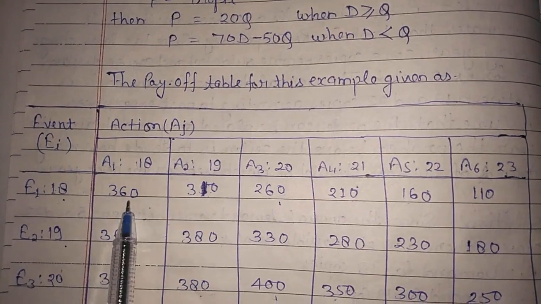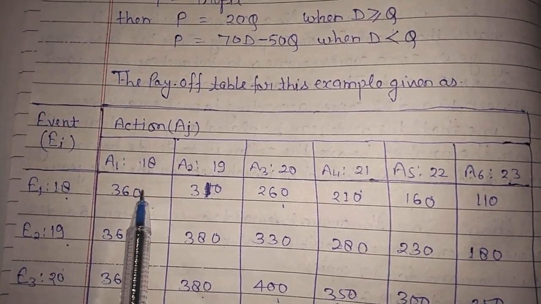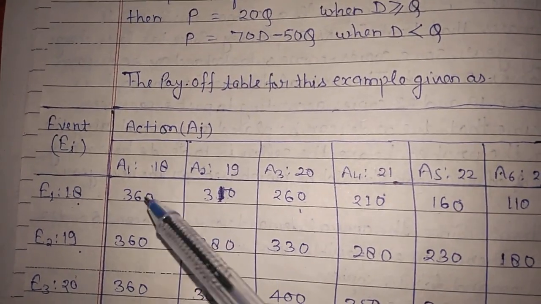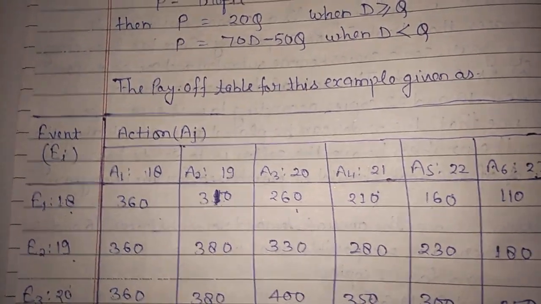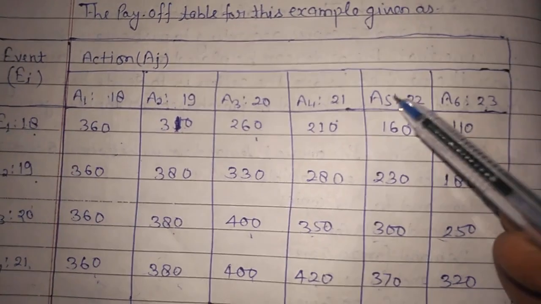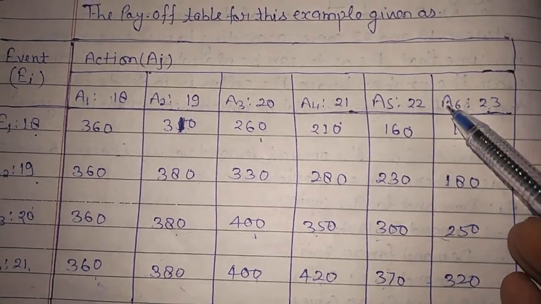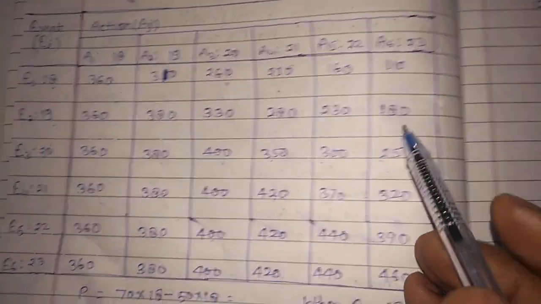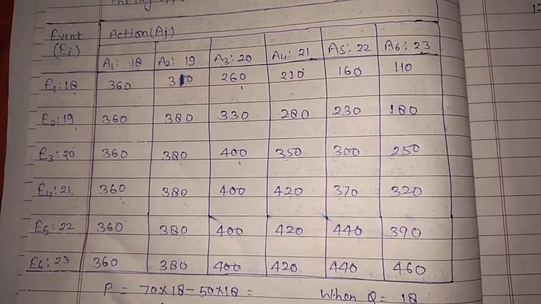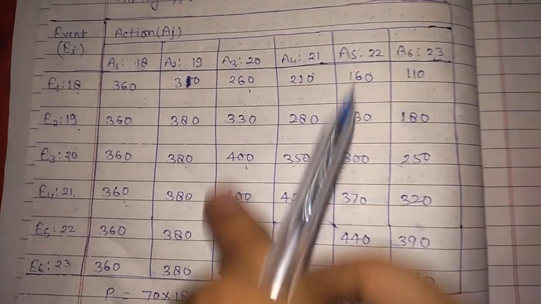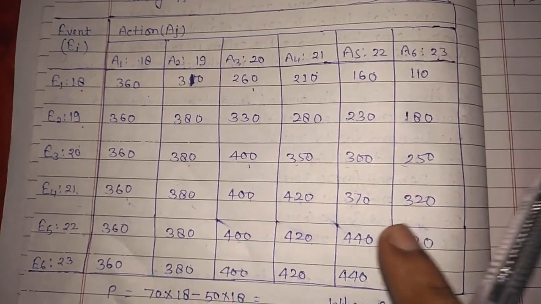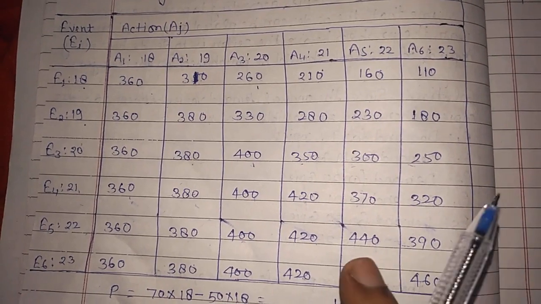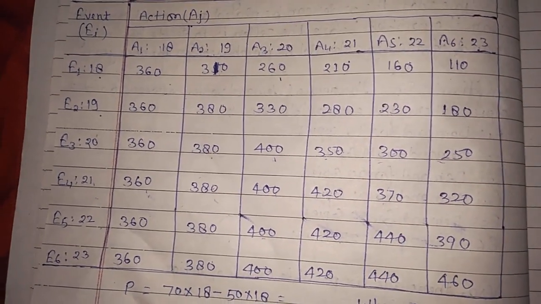Similarly, we will construct the payoff table for all demands and quantities he decided to purchase, and it will become this table. So this is our final decision payoff table when our courses of action and events are given. Thank you.